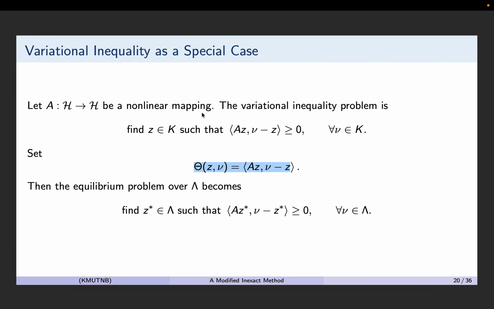Also remember that the variational inequality problem is to find a point in K such that this inner product is greater than or equal to 0 for all v in K. As we know, variational inequality is a very important problem in which many applications have been considered, for instance in machine learning, and a lot of applications in engineering as well as economics.